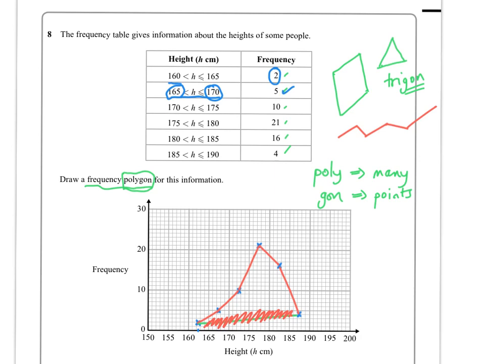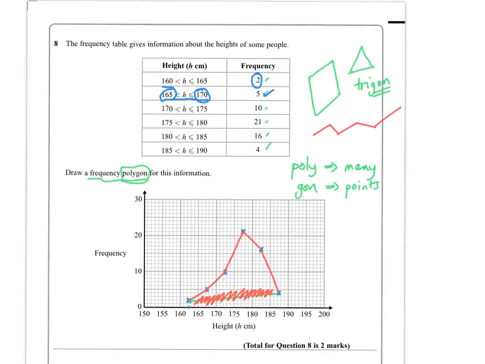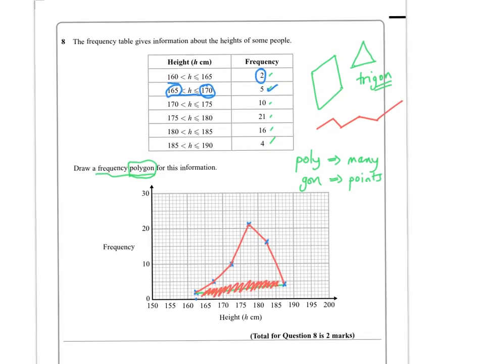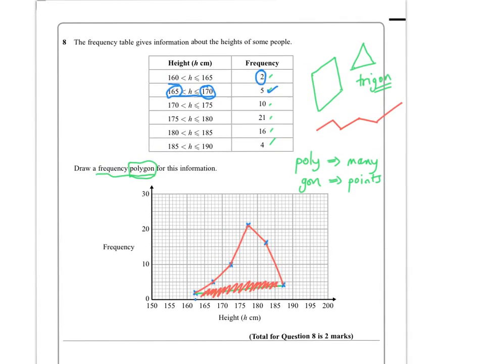So just leave the points there. Understand that polygon means many points, okay? It doesn't always have to mean join them all up to the start, not in this context anyway. So just think polygon, many points, and then you won't be joining those up. So I think that's it for that question. Yeah, and we can now move on.